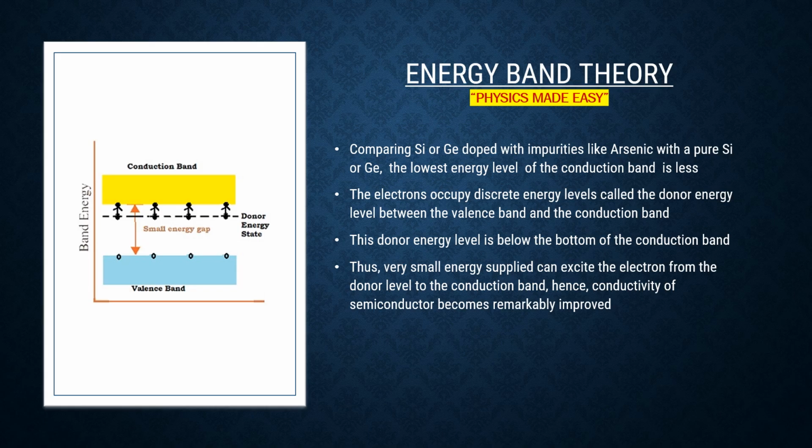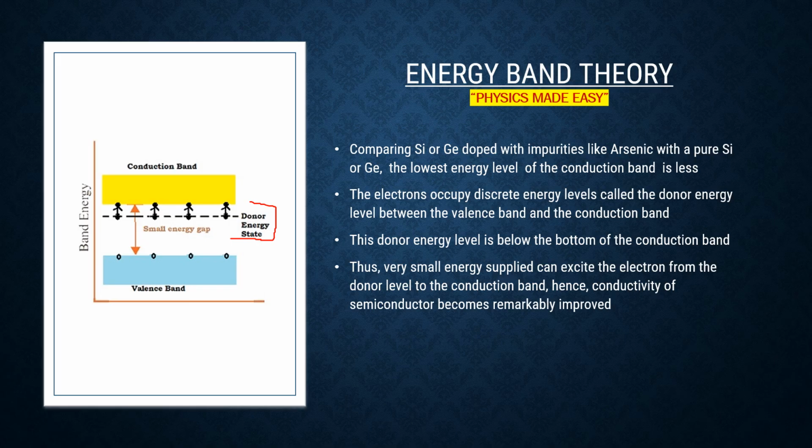So what about the conductivity in terms of energy band theory? We can compare the doped semiconductor with the pure semiconductor, and in this case the lowest energy level of the conduction band is less. The electrons occupy a specific energy state that is called the donor energy state.